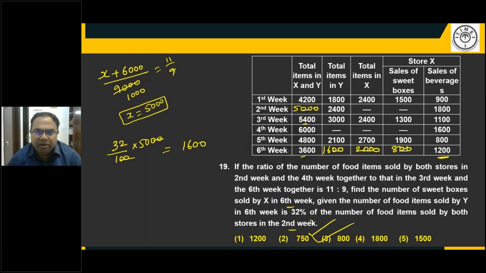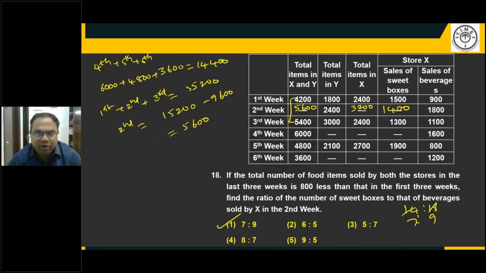Okay, Praful or Suyog, someone asked me this question. We'll go back. Total number of items sold in both the stores, total items X and Y, last 3 weeks is 800 less than first 3 weeks. That means first 3 weeks is 800 more than last 3 weeks. Add what total food items last 3 weeks? 14,400. First 3 weeks is 800 more than this, so it has to be 14,400 plus 800, 15,200.